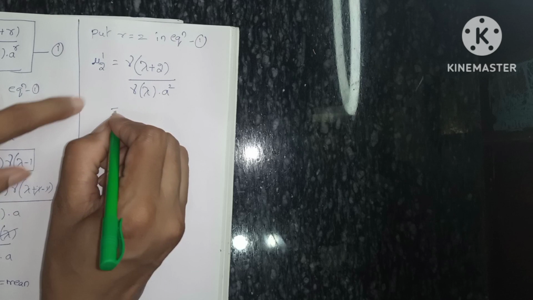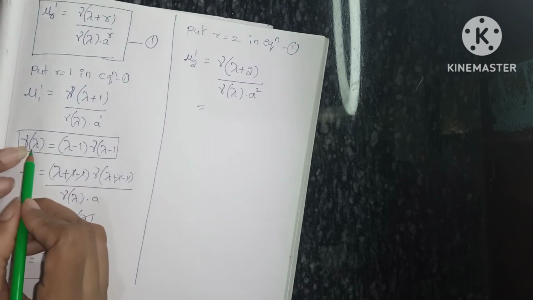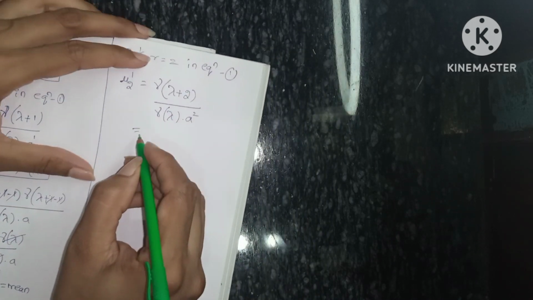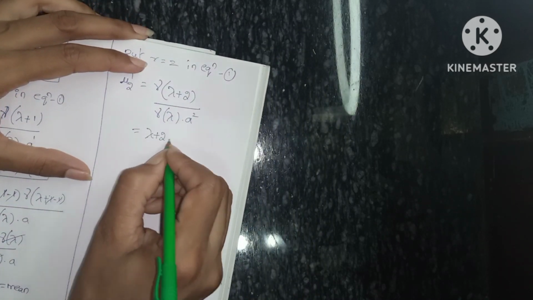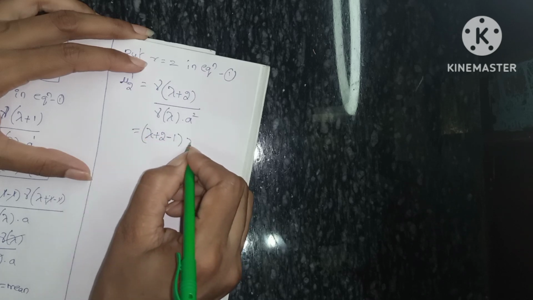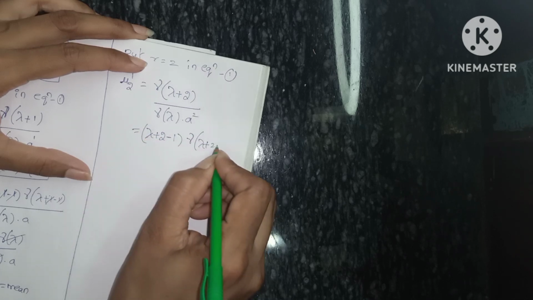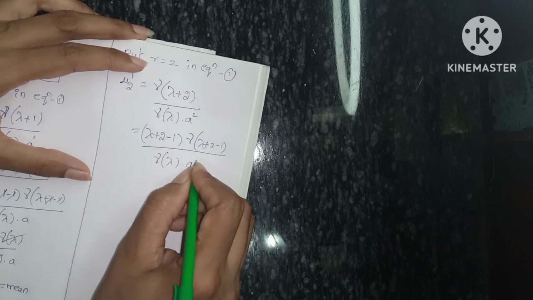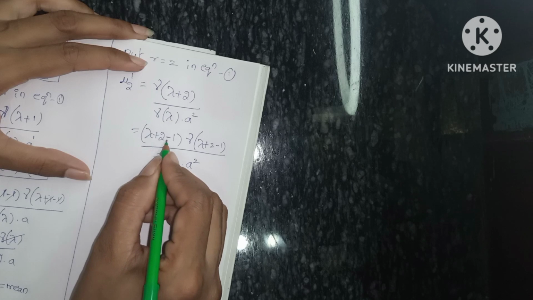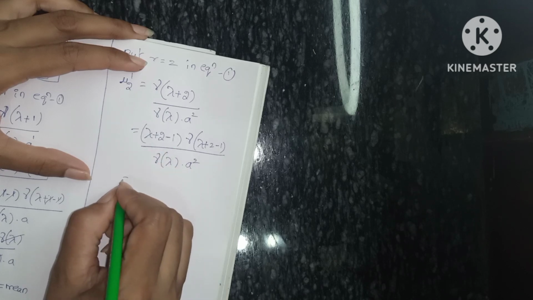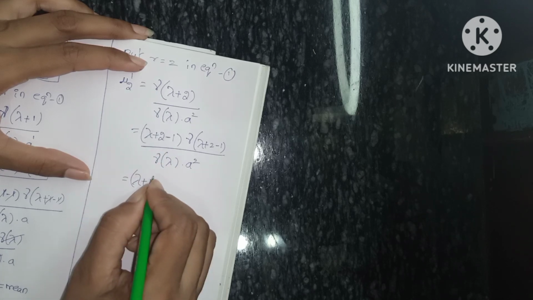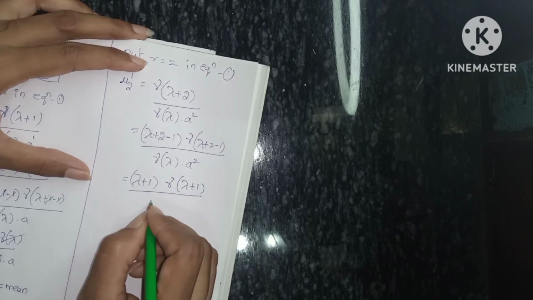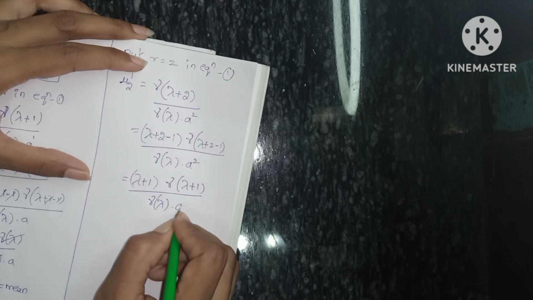Again this is in the form of gamma of lambda, so we write it this way: lambda plus 2 minus 1 into gamma of lambda plus 2 minus 1 by gamma of lambda into a square. 2 minus 1 is nothing but 1. So lambda plus 1 into gamma of lambda plus 1 by gamma of lambda into a square.